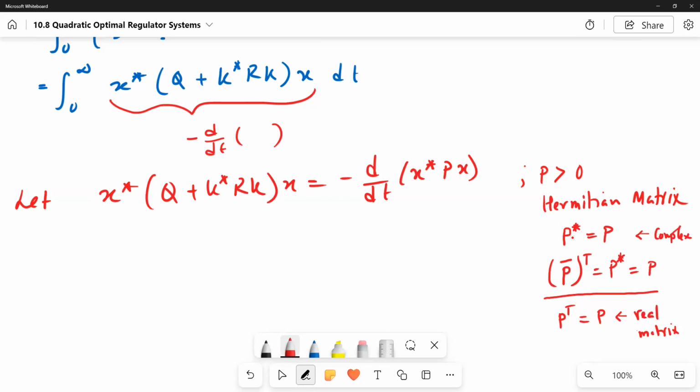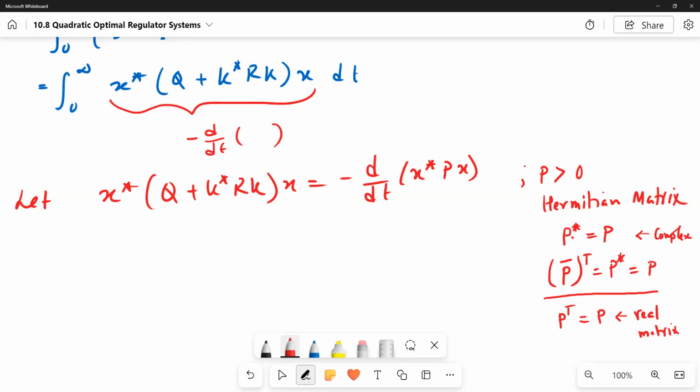Now x is in general a real-valued vector, so in general x star represents simply x transpose, nothing else.